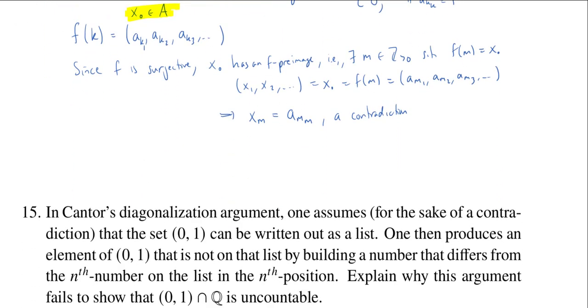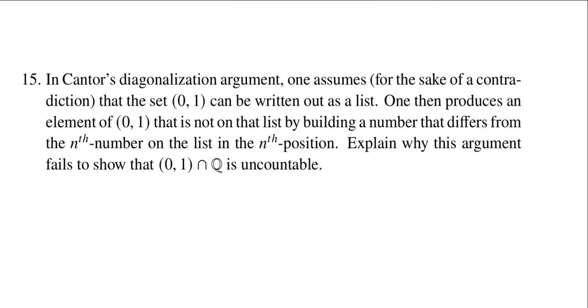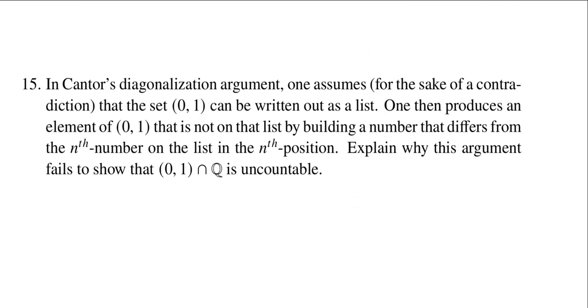Now, let's go back to this problem. When we try to apply Cantor's diagonalization argument in this situation, we would build a number between 0 and 1, and maybe we called it 0.E1, E2, E3, etc. This argument only works if we know that this, not x dot, just x, is in the image of the bijection, right?